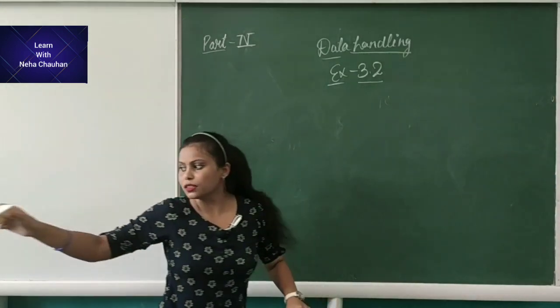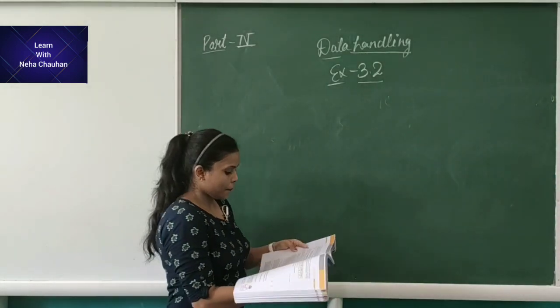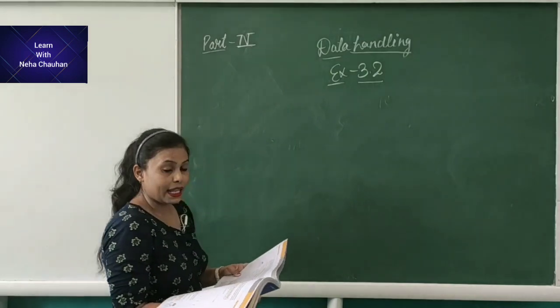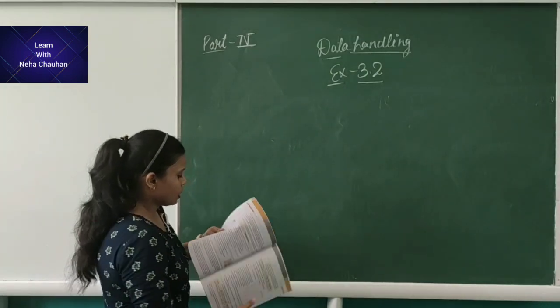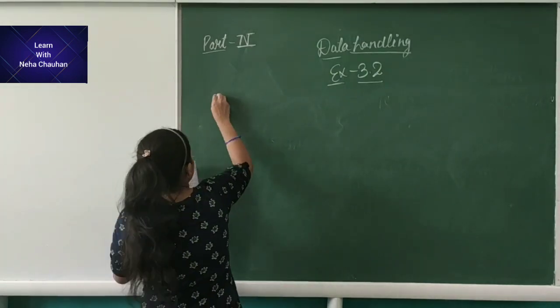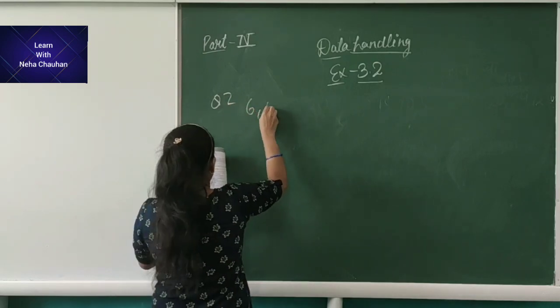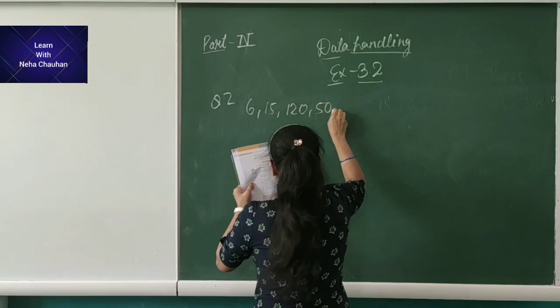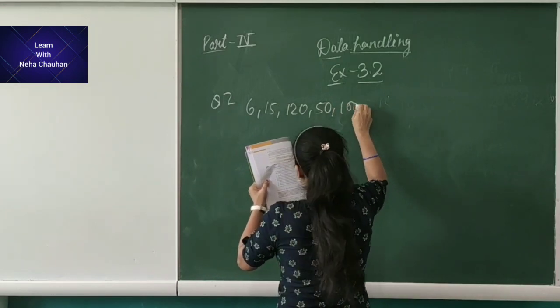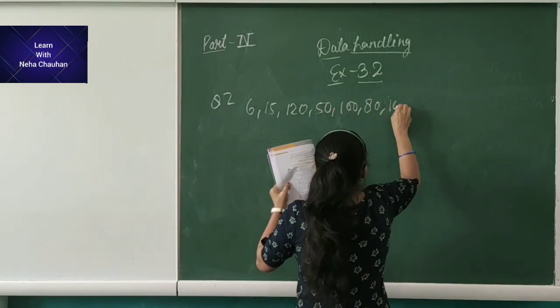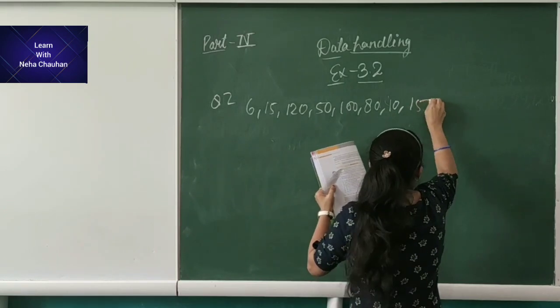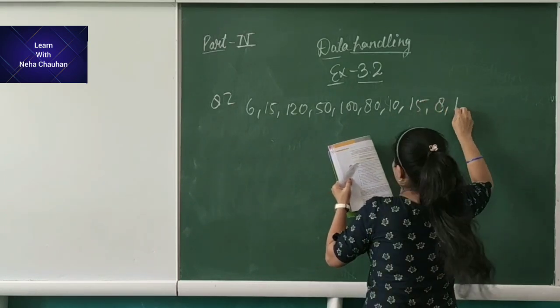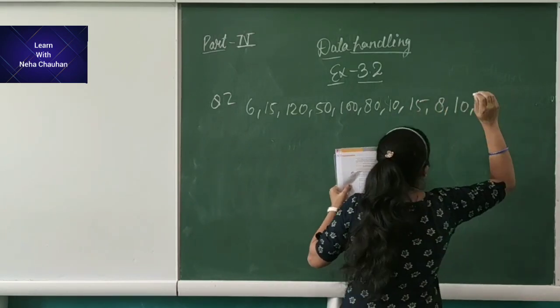We are given the score of a cricketer for 11 matches: 6, 15, 120, 50, 100, 80, 10, 15, 8, 10 and 15.